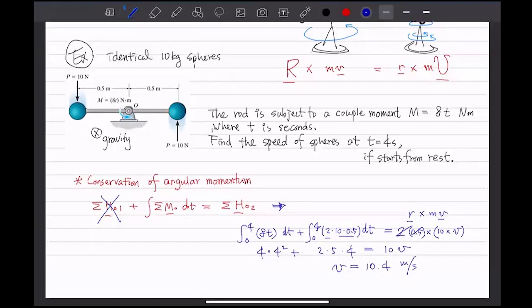So we just applied this conservation of angular momentum, and we can find the velocity like that.